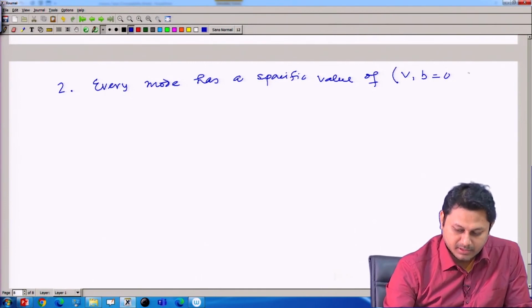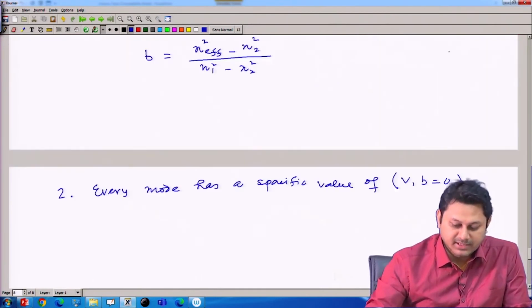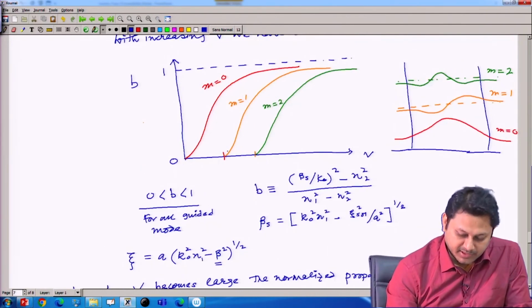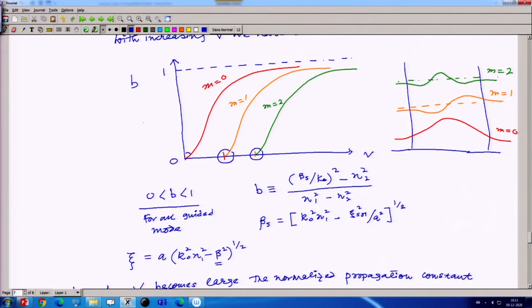For every mode you can see there is a point, and these points are the points where B equal to 0 for a given V. Let me erase this; I just wanted to show you these points, but otherwise it looks very ugly here.